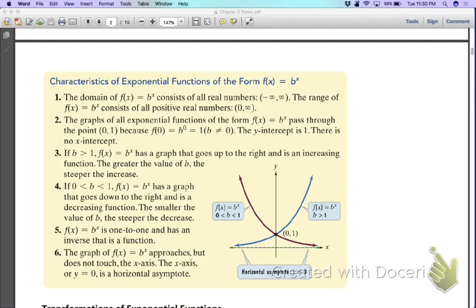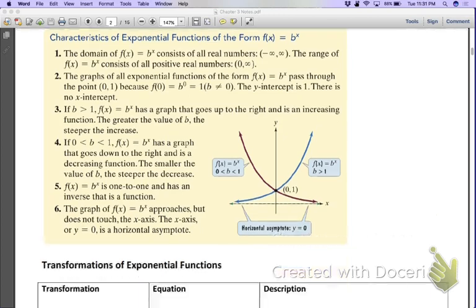Again, it depends on if you have an asymptote other than 0, if there's a k on the back end, that sort of thing. If it's between 0 and 1, then it's going to be exponential decay instead of exponential growth. And growth is going to climb, decay is going to fall to wherever our asymptote is.